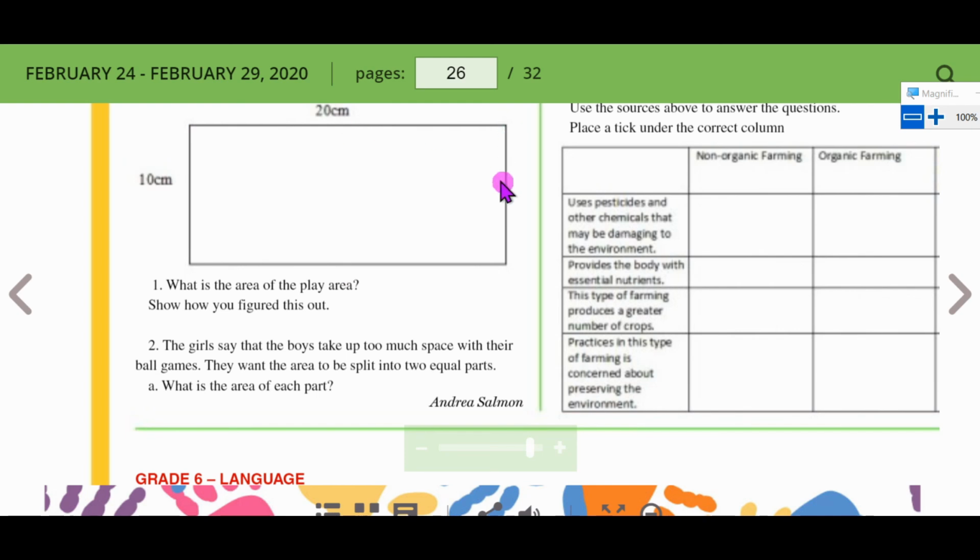So first we find the total area, and we work that out to be 200. So if we're going to give them half of that area, so we have equal parts, then the girls would have 100 units, and the boys would have 100 units as well.